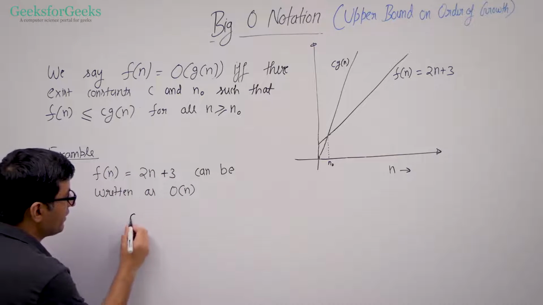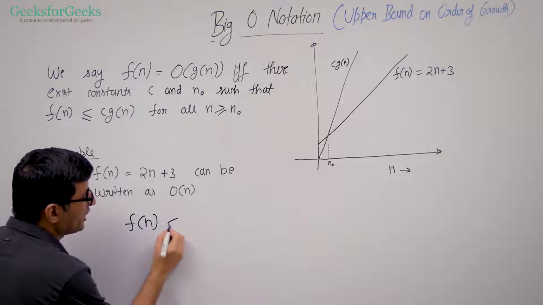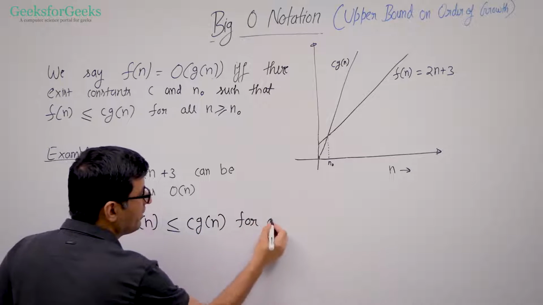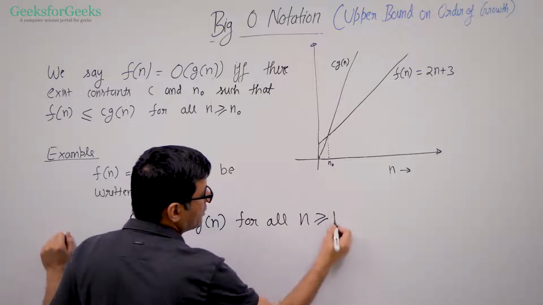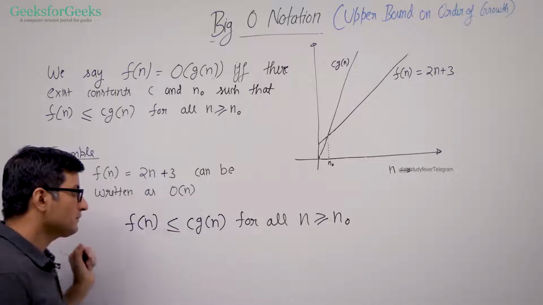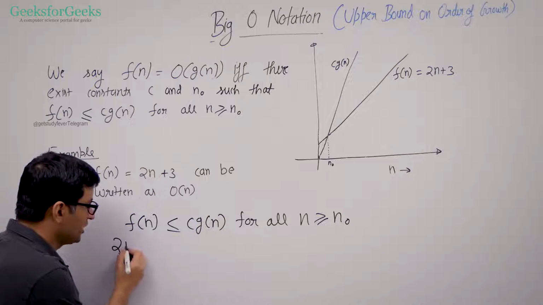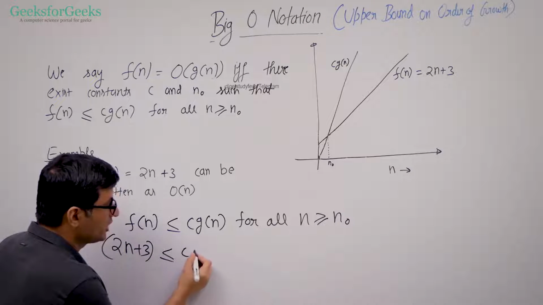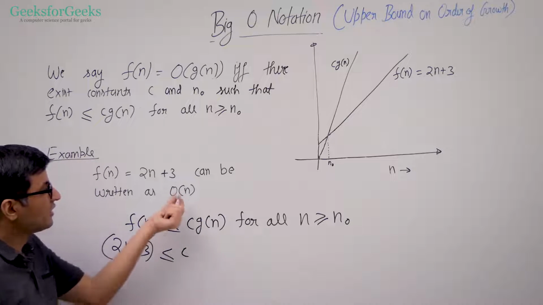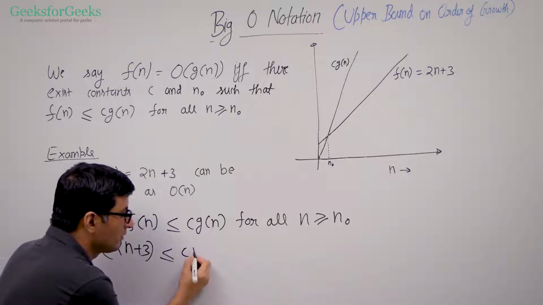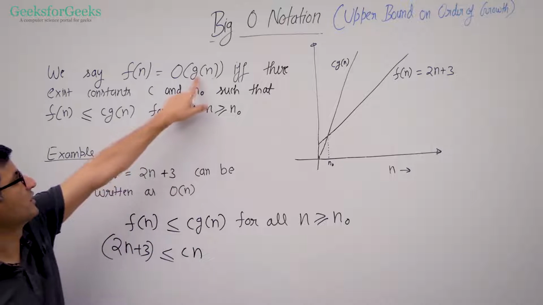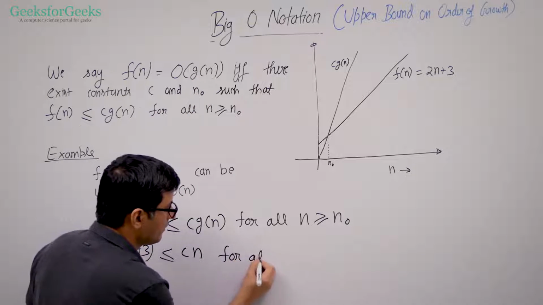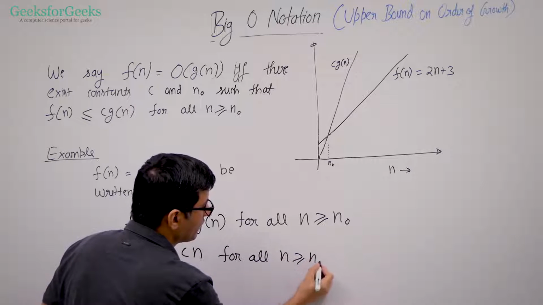So this f(n) has to be smaller than or equal to c of g(n) for all n greater than or equal to a value n naught. Now this f(n) is 2n plus 3, and we want it to be smaller than c of g(n). So what is g(n)? g(n) is n, right? Big O of g(n) is big O of n here, for all n greater than or equal to n naught.